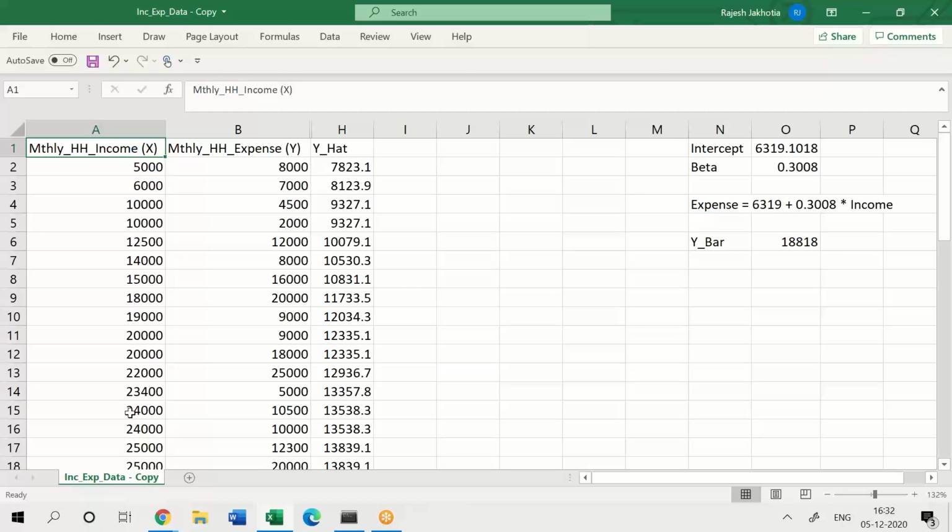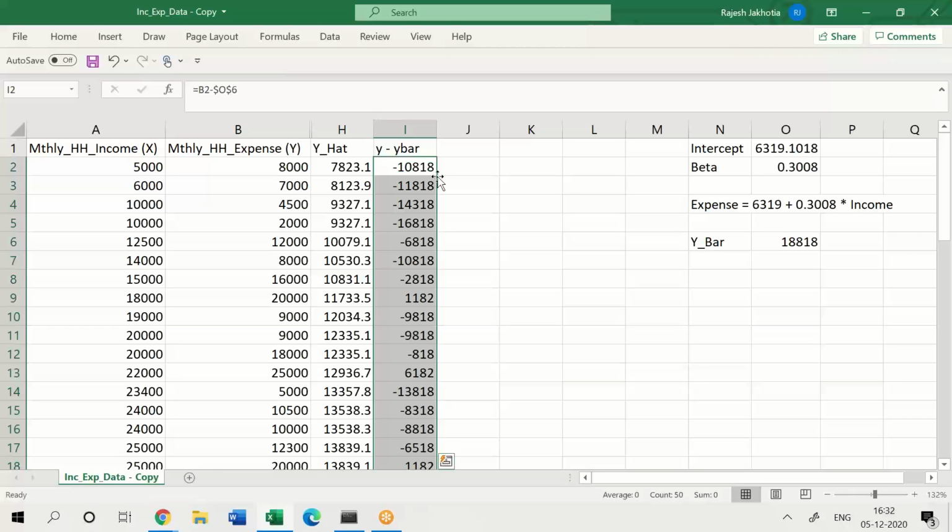So if we rely on the mean in absence of information, our error would have been y minus y bar. So what would have been the error in each of these cases? This is y, this is minus, this is y bar. I'll make it constant, F4. So for each household, our estimate would be way off by this much.